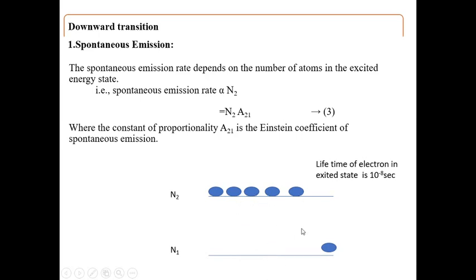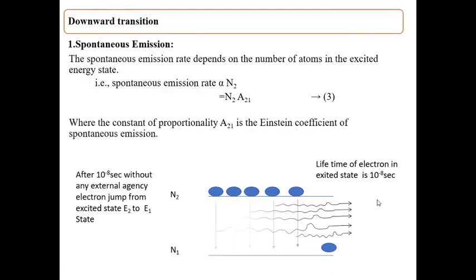Some particles come very fast, some come very slow, randomly coming to ground state. The maximum time they spend here is 10 to the power of minus 8 seconds.